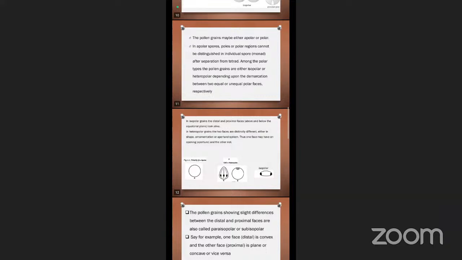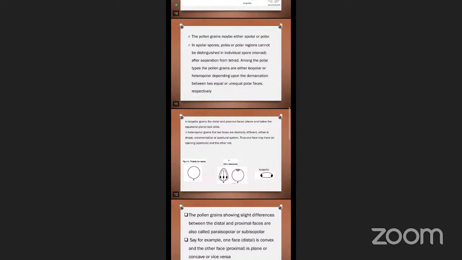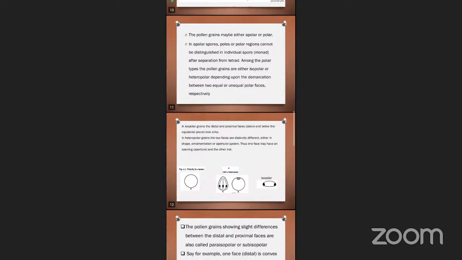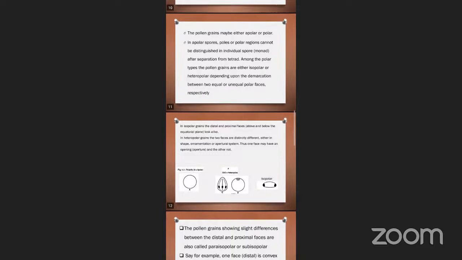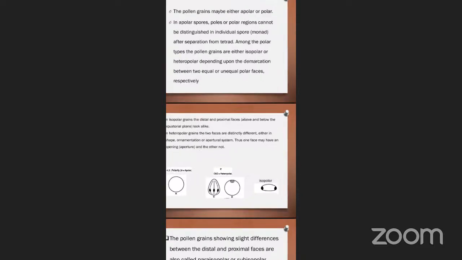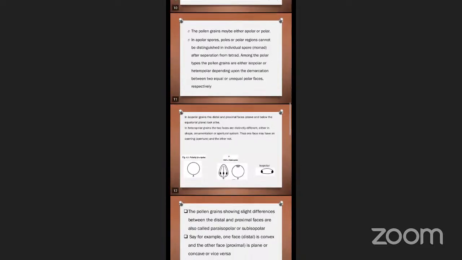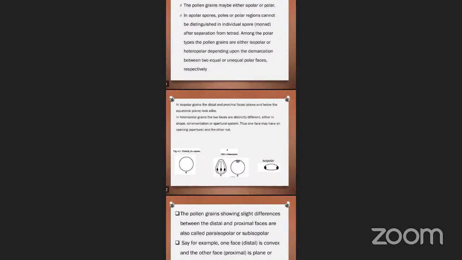In polarity, the pollen grain may be either apolar or polar. In apolar spores and pollen, the polar region cannot be distinguished because we cannot find out where the proximal and distal poles are. In the isopolar condition, the proximal and distal poles are on the same line.